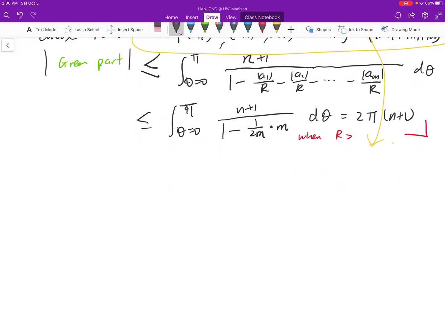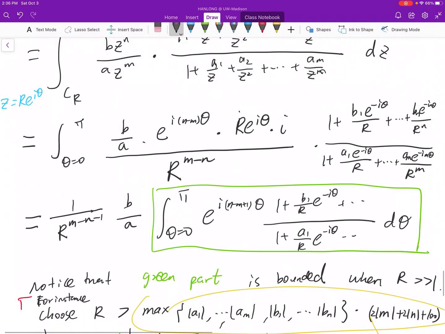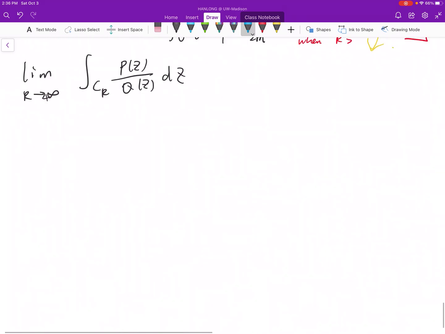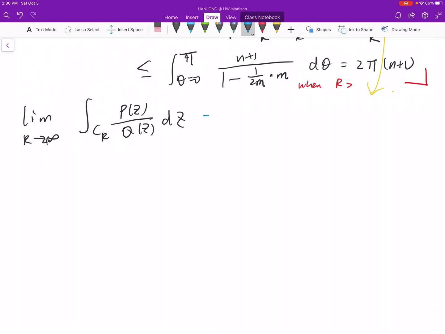Then if you take the limit when r goes to positive infinity, the green part is bounded, but now by the assumption m minus n minus 1 is greater than or equal to 1. b and a are different from 0. So the limit is 0.